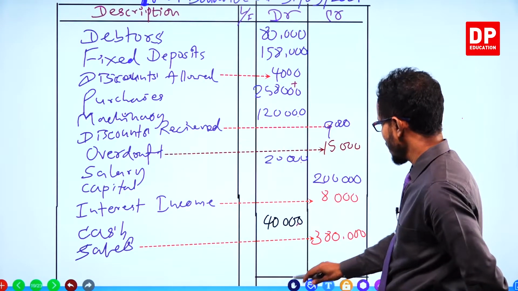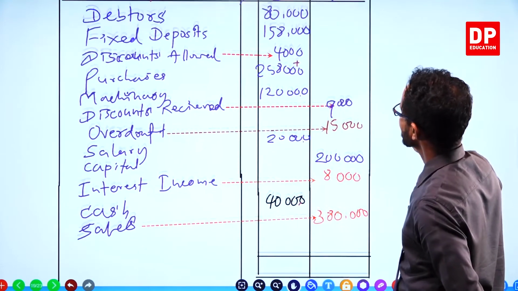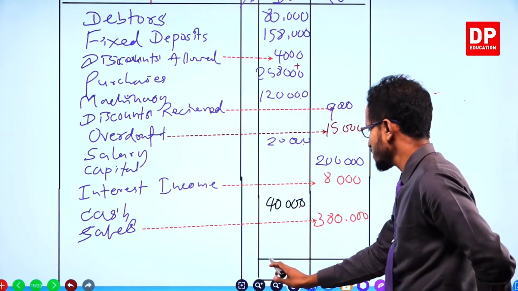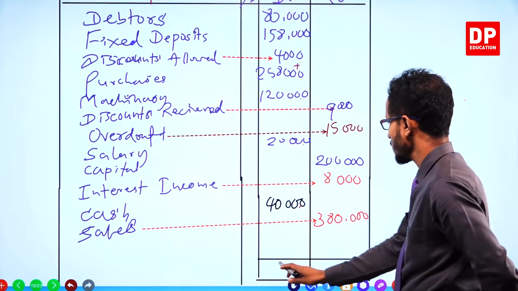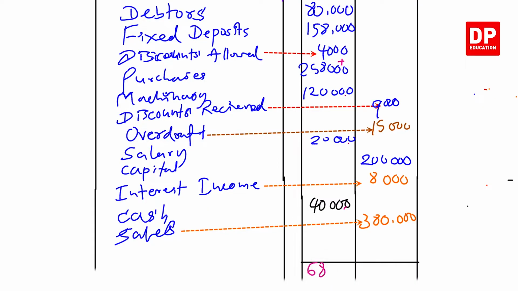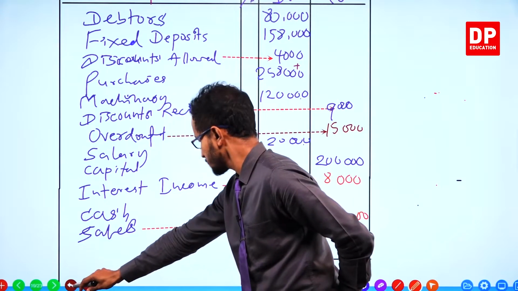That is how I got the total of the debit column. 680,000.